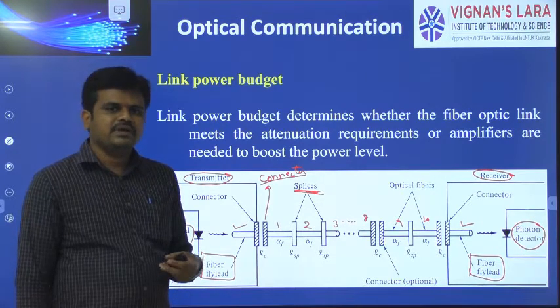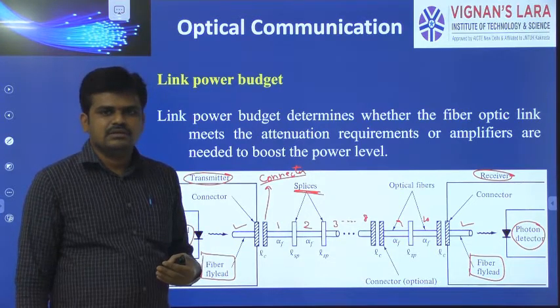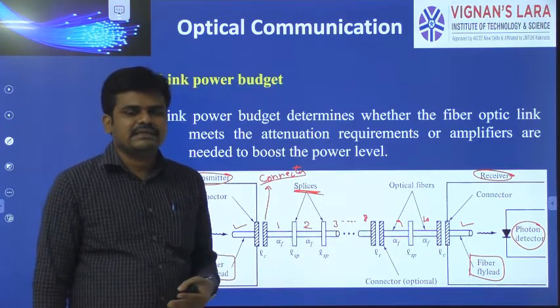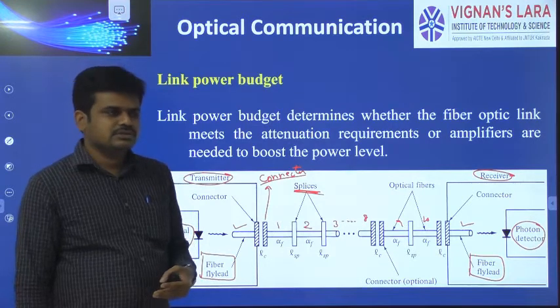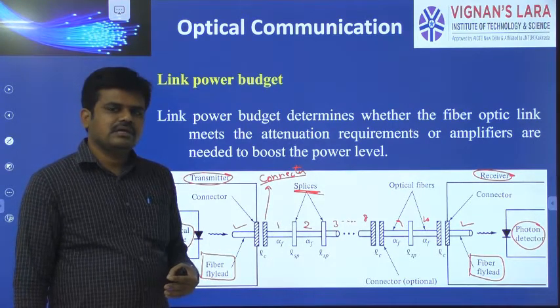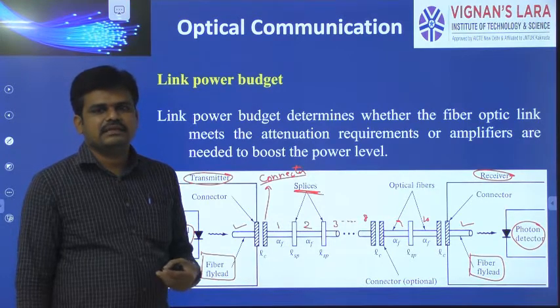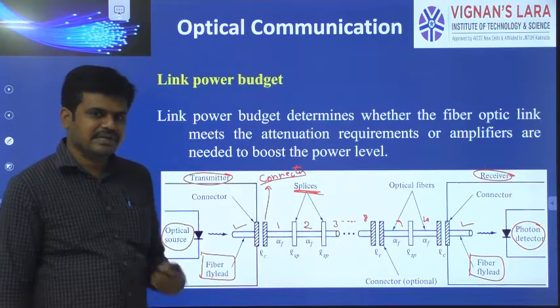We also studied how to find that loss: it can be measured using a factor called coupling efficiency. So from that concept we have learned that there is some power loss at every connector.